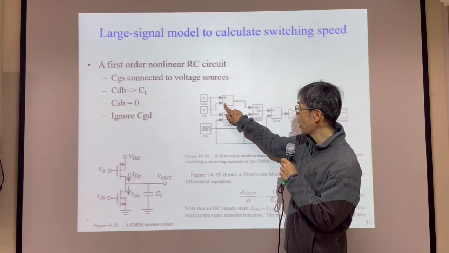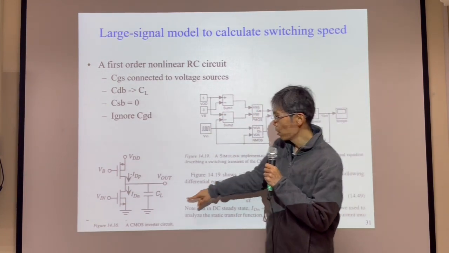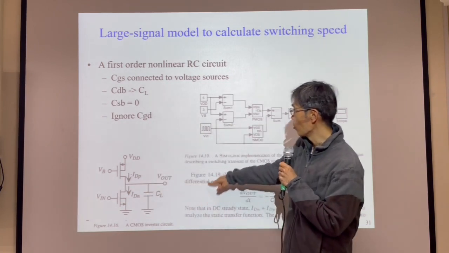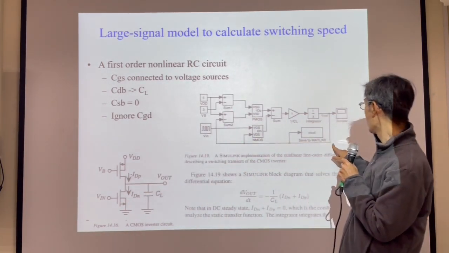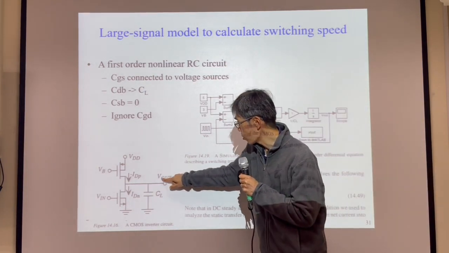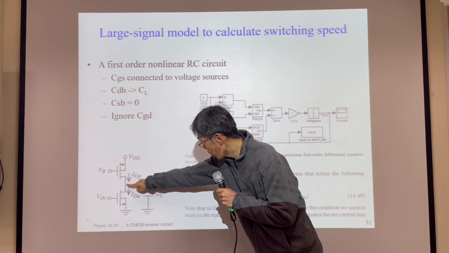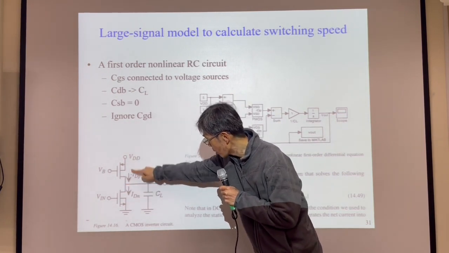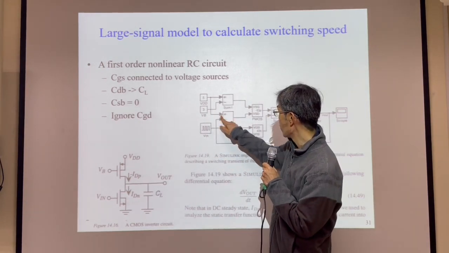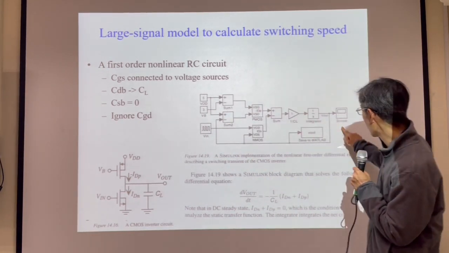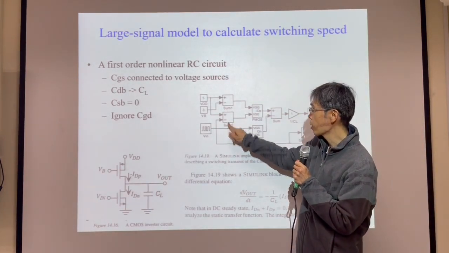VDD minus VB is VSG. VSD equals VDD minus Vout, because this is S, this is D. So Vout goes to this block.